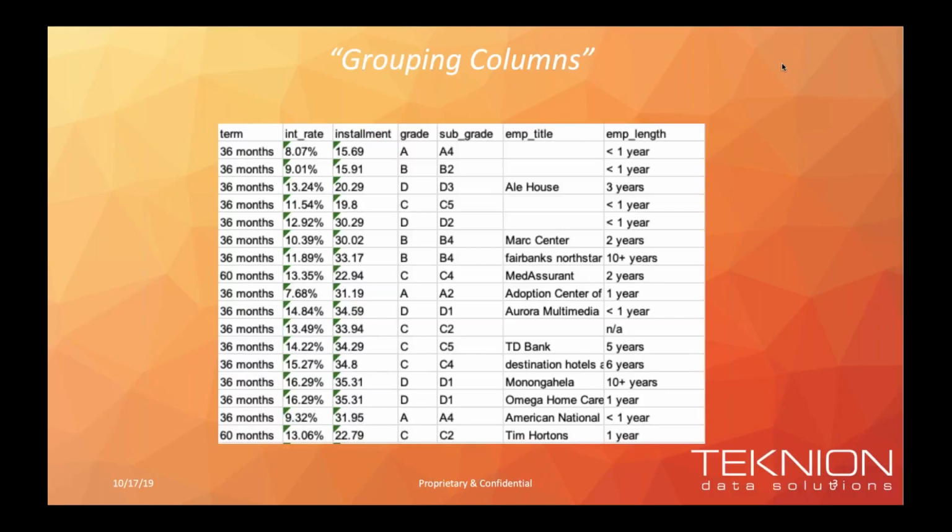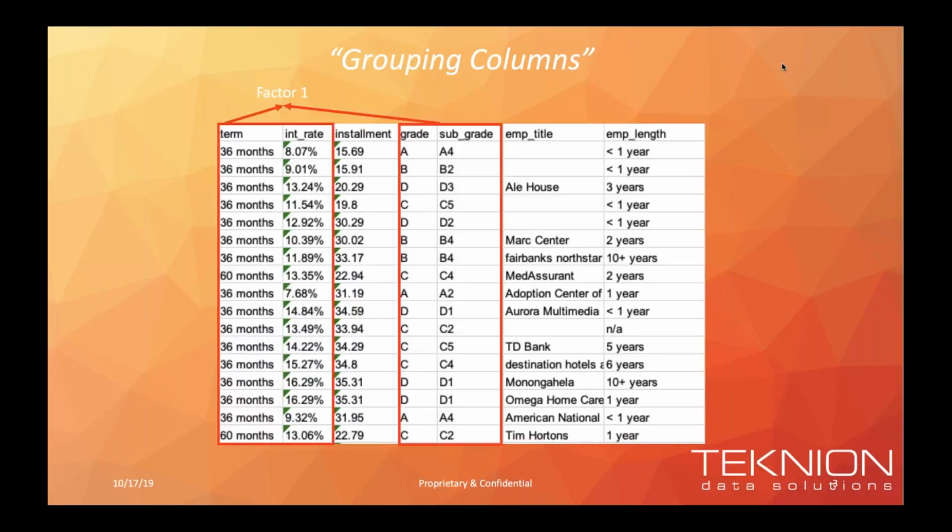We come in and run our analysis, and we find that things like term, interest rate, and grade and subgrade all kind of fit together in this first factor that we'll call, I don't know, scoring or something like that.